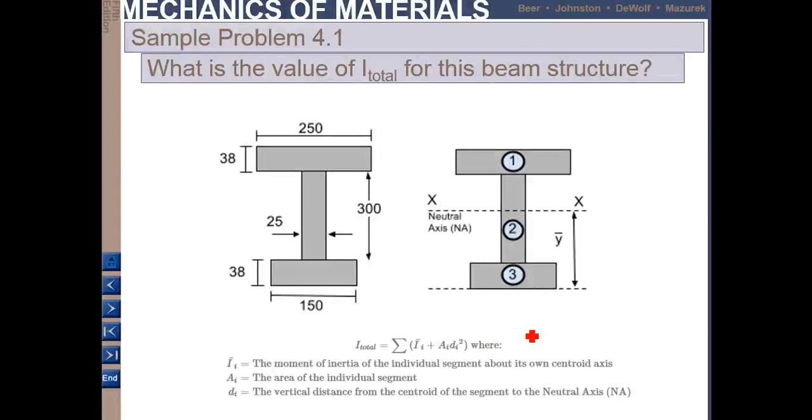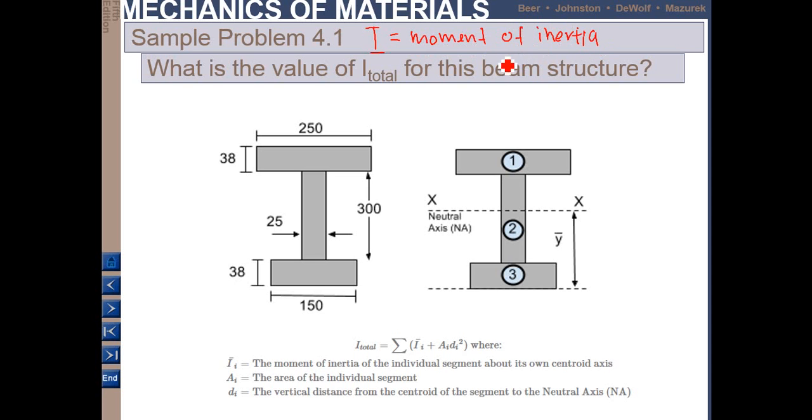Okay, let's continue with the first example. Before we continue with the calculation, this example is just to calculate the value of I, which is the moment of inertia.